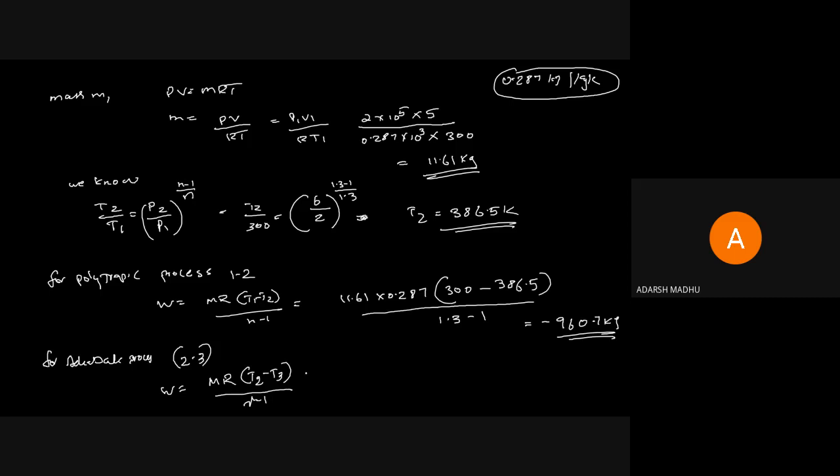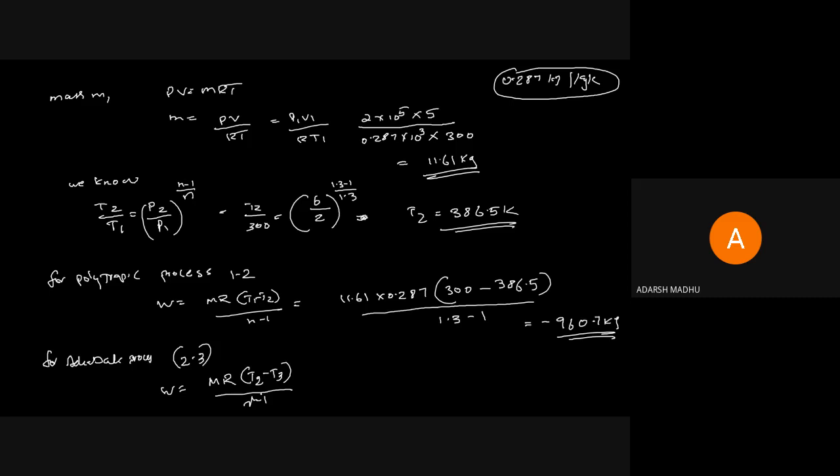So here M is known, R is known, T2 is known, gamma is known. T3 is unknown, so we want to find the value of T3 here in mR(T2 minus T3) by gamma minus 1.